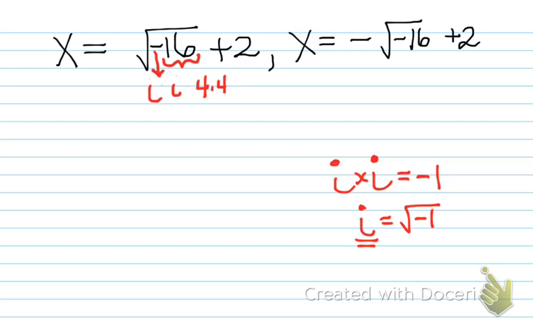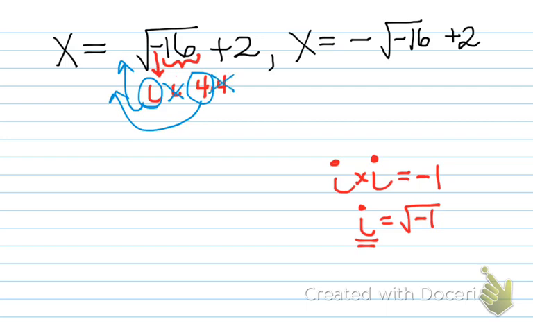We look for a pair of numbers. Keep in mind, the i times i is a pair. One i comes out, and the other i disappears. We have another pair. We have 4 times 4. One of the 4's will come outside, and the other 4 disappears.